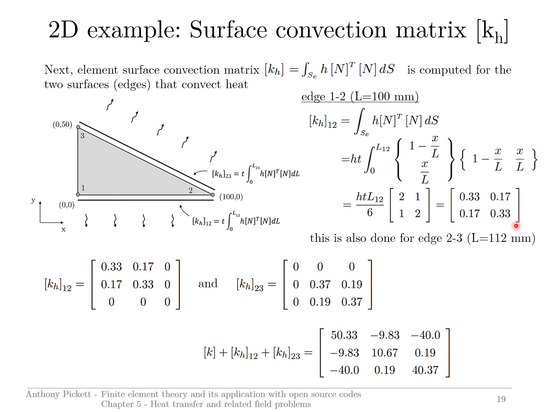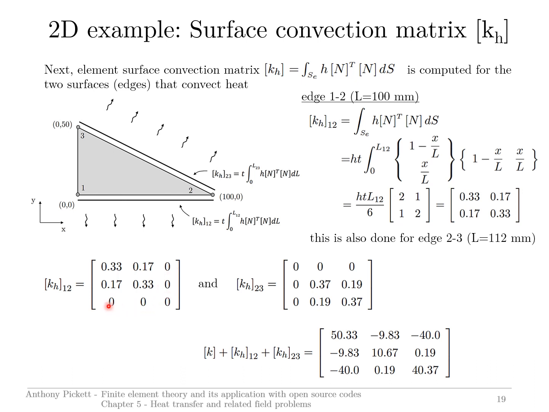I'll leave you to do exactly the same for the edge 2, 3, which has a length of 112 millimeters. And you should obtain this expression here. Now these two can be added together. We do this using a very simple approach by expanding and including the degree of freedom that's not represented.